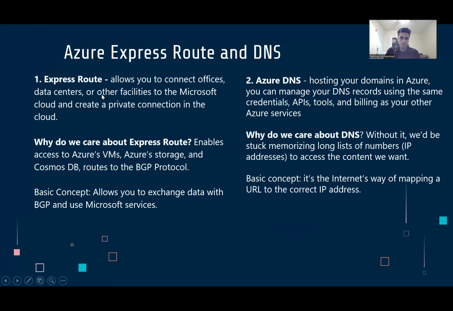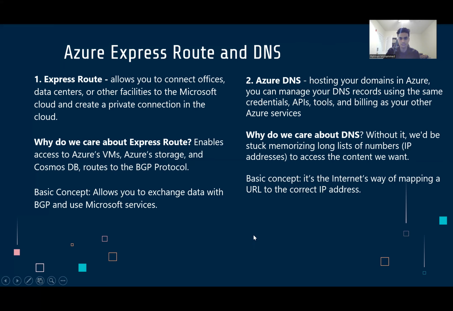I have a little bit more of a formal definition, but it's still very basic. It allows you to connect offices, data centers, or other facilities to Microsoft Cloud and create a private connection in the cloud. And again, this will let you talk to the BGP protocol and routes to any sort of Azure storage or Cosmos DB.